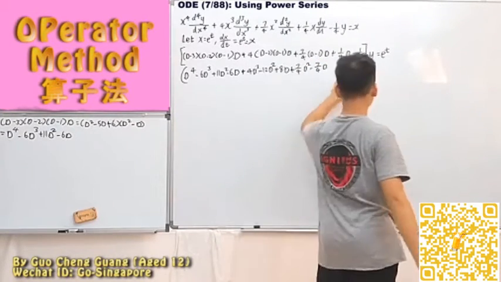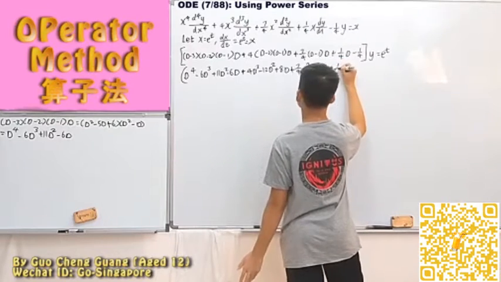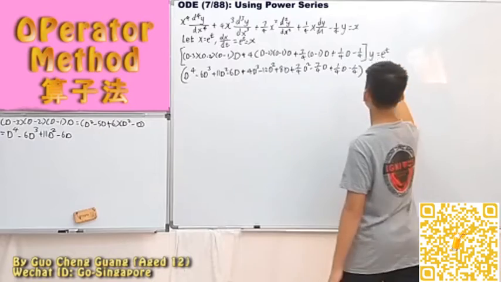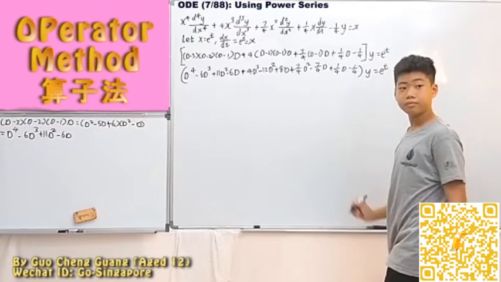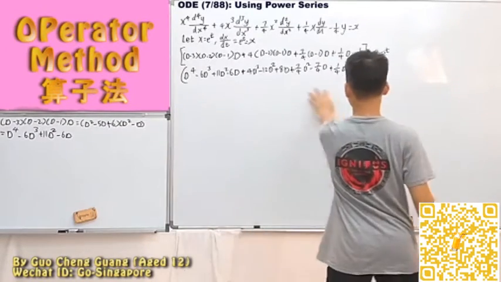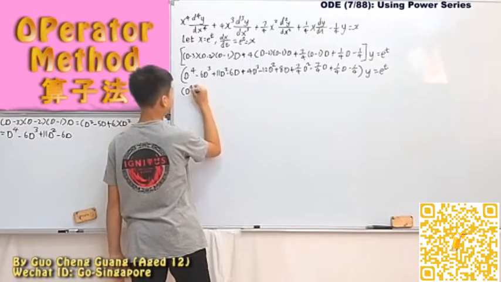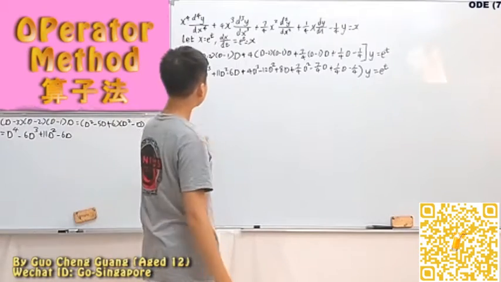Then after that, you're going to have to try to change it into another form. So this is what we will have. After that, we could try to combine them together, at least some of them.